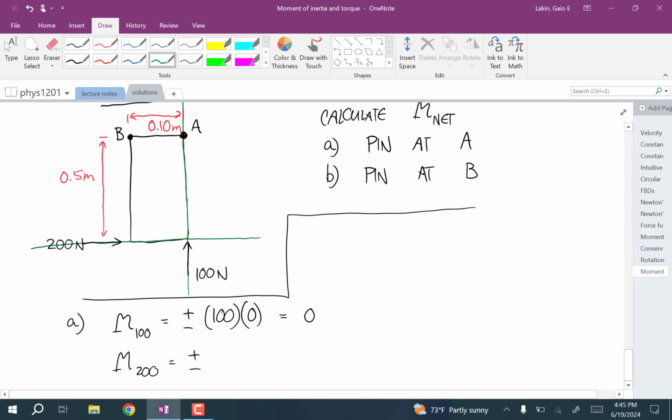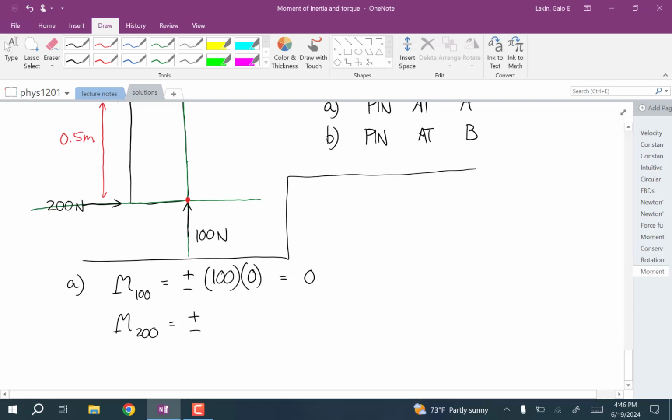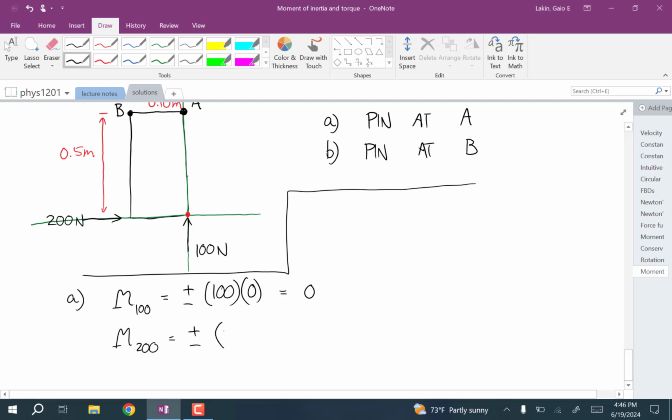And so the distance d, then we would want that 200 Newton force to be moved over to this point in order for our force and our line to be perpendicular. And so the distance d then is from this red dot up to A. And so this time we have 200 newtons times a distance of 0.5.